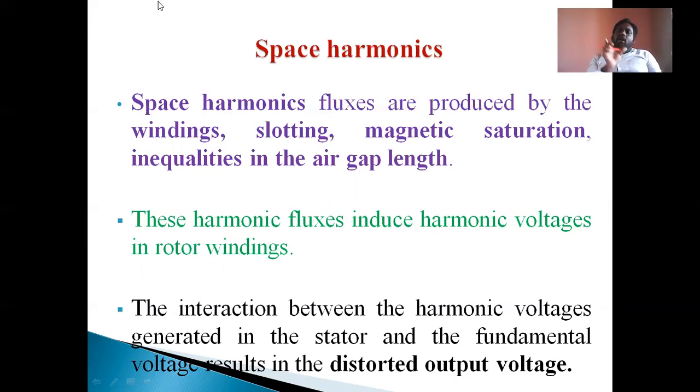That means when the area of the side increases, reluctance is reduced, and then there are chances for uniform flux distribution. So that's why space harmonics are reduced by decreasing the distance between the slots of the armature circuit and also by increasing the area at the sides and decreasing the area at the center of the poles. So by using those two methods, we can reduce these space harmonics.